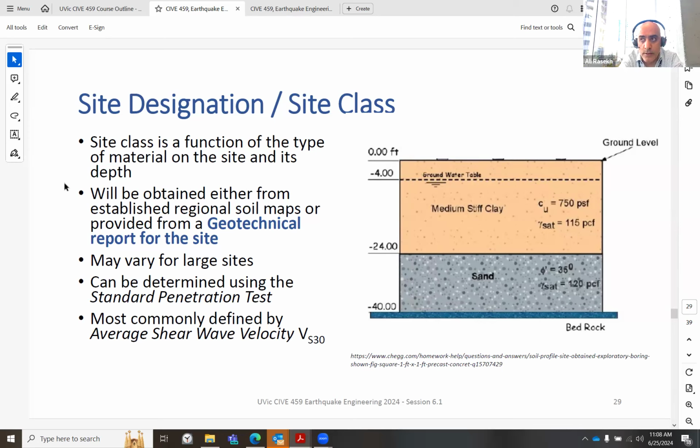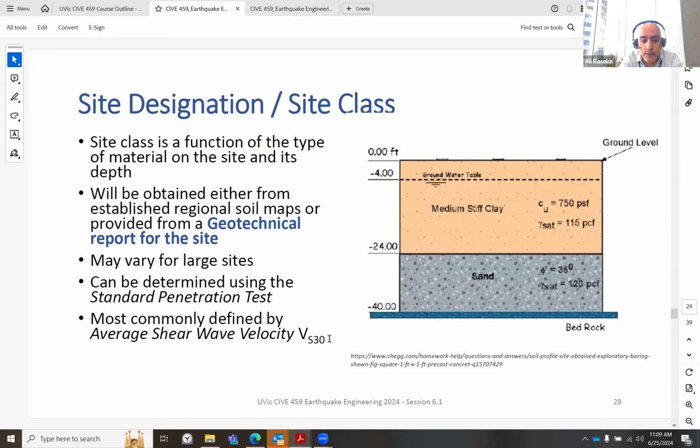We previously discussed site response a couple of times, and we mentioned that the type of soil at a location can sometimes even drastically change the earthquake characteristics. Therefore, it's very important to be aware of the soil material at the location. In most cases, the important depth is 100 feet or 30 meters. Even in the US code, we call it VS30, although their unit of length is normally feet.